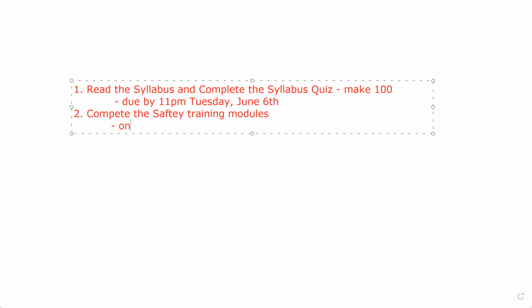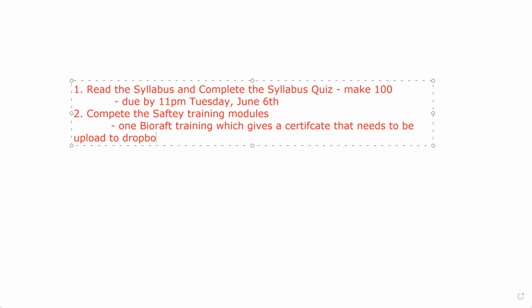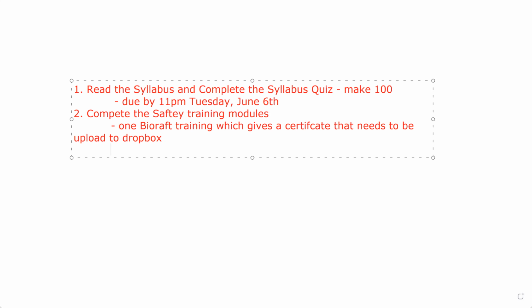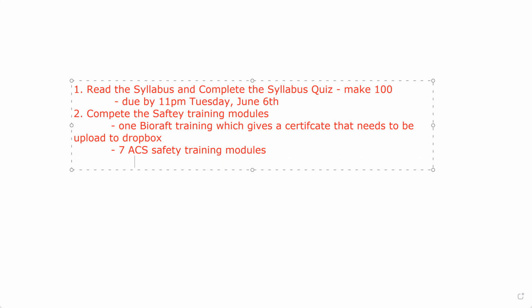There's one BioRaft training, which gives you a certificate that you should upload to the Dropbox. And then there are 7 ACS safety training modules, and you'll get a score for completing each one.